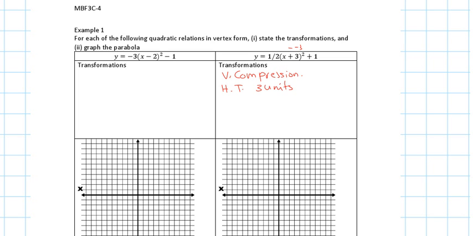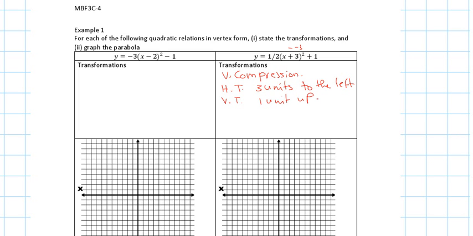To the left. And a vertical translation, 1 unit up. Okay? This is the end of stating your transformation. Right? So when I ask you to state the transformation, I'm looking for these 3 things.